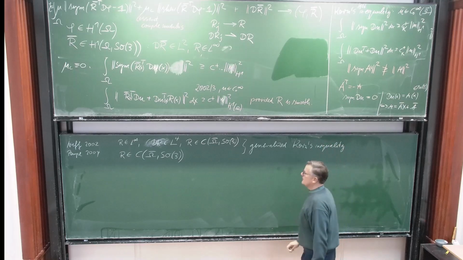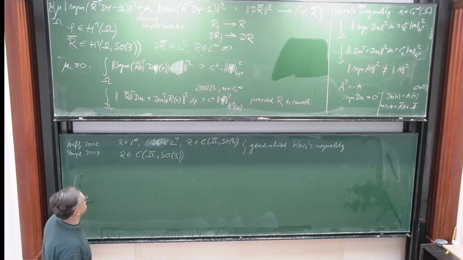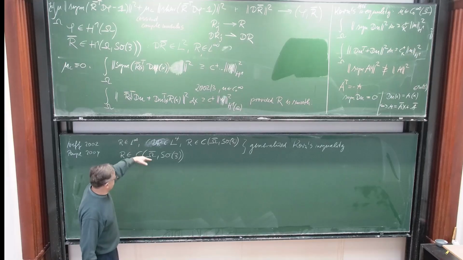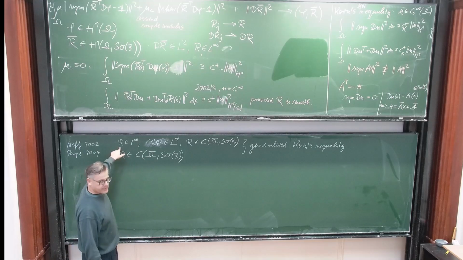So if you have this now, you ask yourself, do I have this kind of smoothness for the rotations to make that work? I should say that if this condition is not matched, then even for rotations we have counterexamples.